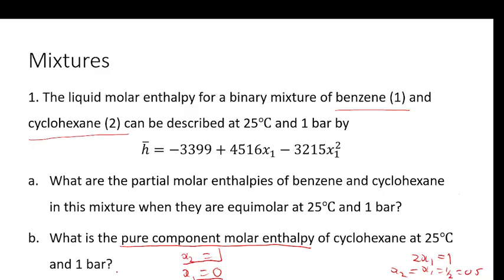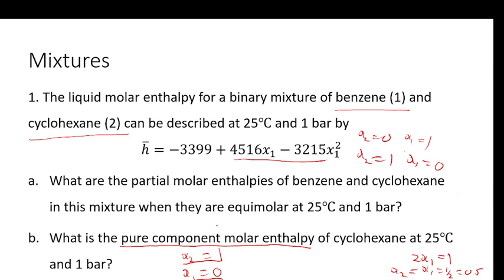So usually when you're asked to find a pure component molar enthalpy of any species, you don't need to go to the differentiation part, because it's very likely that that side might tend to 0. So if it is the pure molar enthalpy of cyclohexane, that is x2. So if x2 was in this expression, you make it 1, and then you make x1 0. If it was the other way, where you're looking for the pure component molar enthalpy of the benzene, you rather make x2 0 and you make x1 1.